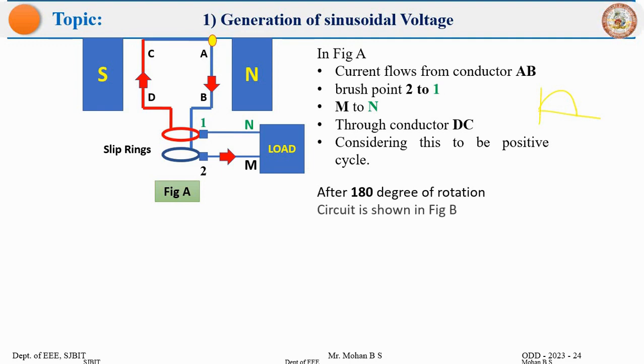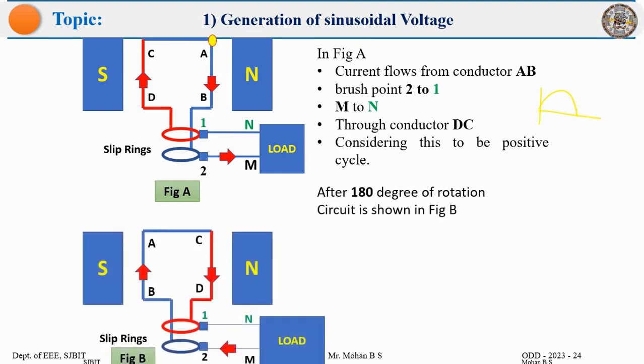After 180 degrees, the circuit is as shown below. That is, coil side AB, which was under north pole influence, will be under south pole influence after 180 degrees. C and D, which were under the influence of the south pole, after 180 would be under the influence of the north pole. So if you open your three fingers to analyze the direction of induced EMF, these would be correct. Now this current hits your carbon brush 1 and it enters the load.